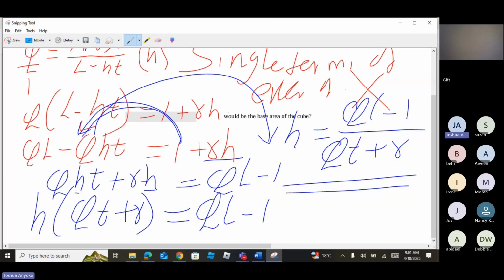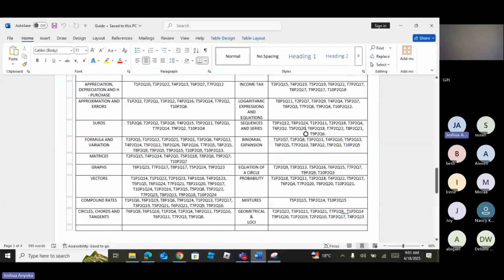That one is okay. Let you try other questions. There are so many actually in the formula and variation. We have attempted a few. Let us now do something on logarithmic equations. Logarithmic expressions and equations.